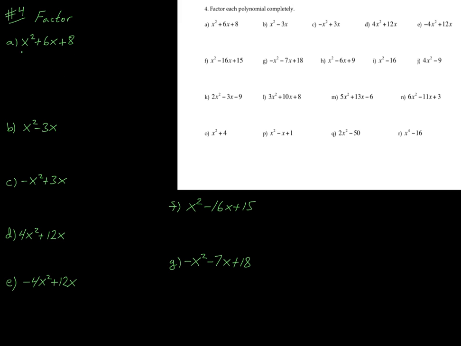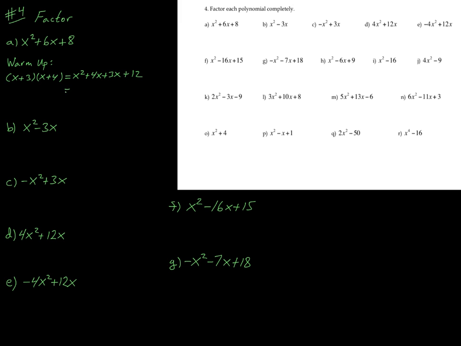Okay, and as a little warm up here, just to emphasize the pattern that we saw in question 3 with multiplying. Let's say I have two binomials, like say x plus 3 times x plus 4. Okay, so if I multiply these out, I'm going to get an x squared plus 4x plus 3x plus 12.